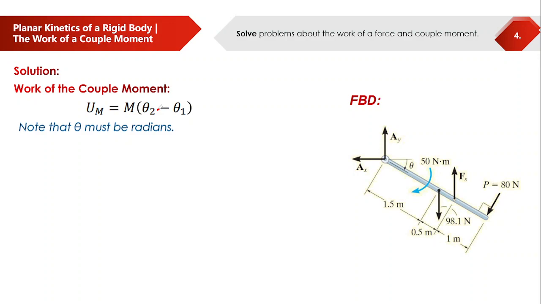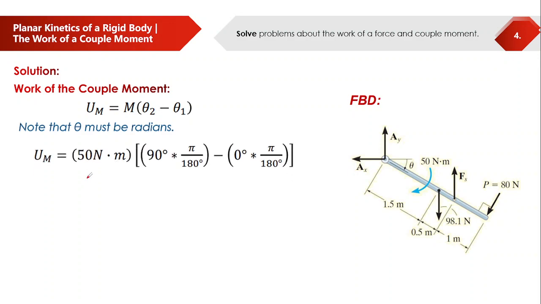Convert mo lang yung mga degrees to rad para mamultiply natin without an issue. So, that will be 50 Newton meter times 90 degrees, to convert the degrees to radians, times pi over 180, minus 0 degrees times pi over 180. So, that will be 78.54 joules.